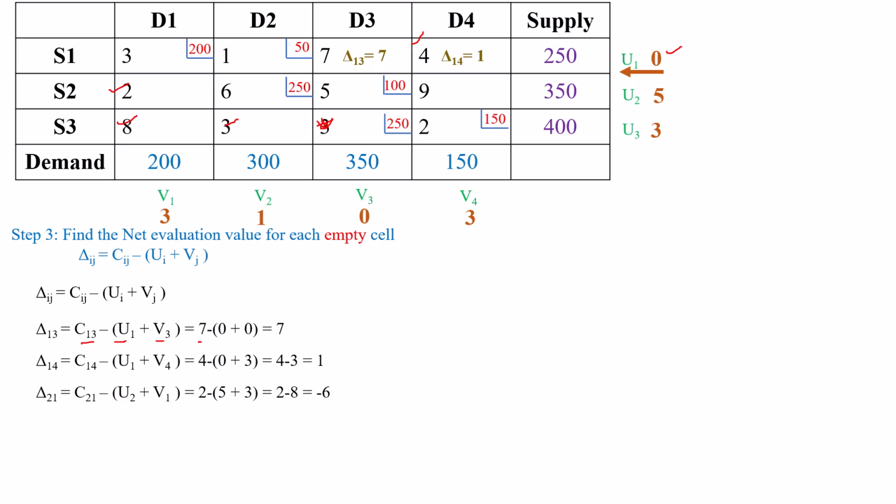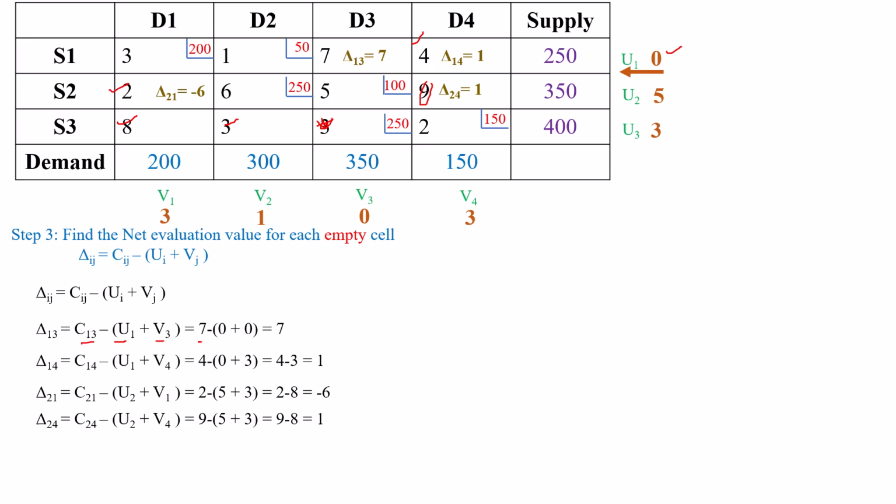Here C21 value is 2, U2 value is 5, V1 value is 3. Substitute here, we will get delta 21 value is minus 6. So the next empty cell is the second row and the fourth column, that is delta 24. So delta 24 equal to C24 minus of U2 plus V4. C24 value is 9, and U2 value is 5, V4 value is 3. Substitute here, we will get delta 24 is 1.